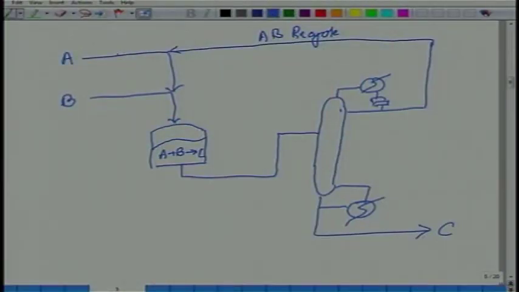First of all, valves. Will there be a valve here? Okay. So, there is a valve here. Will there be a valve here? Will there be a valve here? Well, distillation column, you all know how it was drawn, so you can just copy paste.